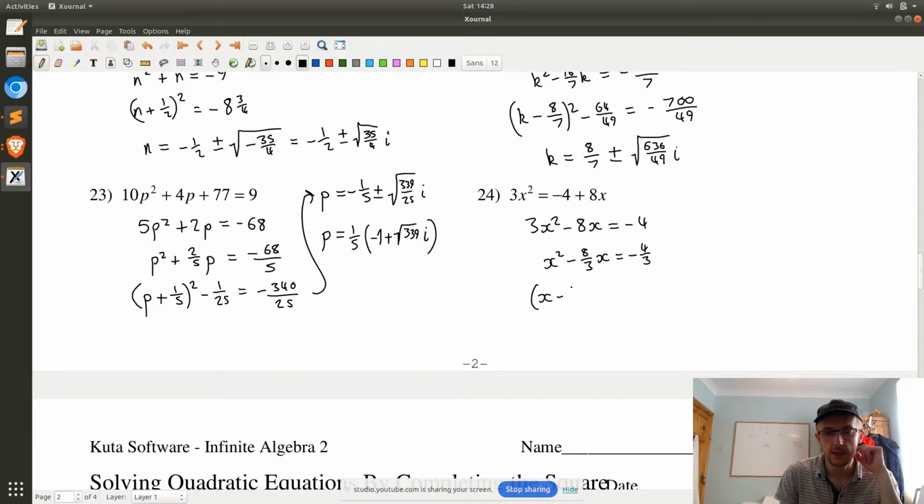That's 8 over 6, which is 4 over 3. And when you square that, you get 16 over 9. And you've got to balance the book, so you've got to take away 16 over 9. And then add that onto both sides.